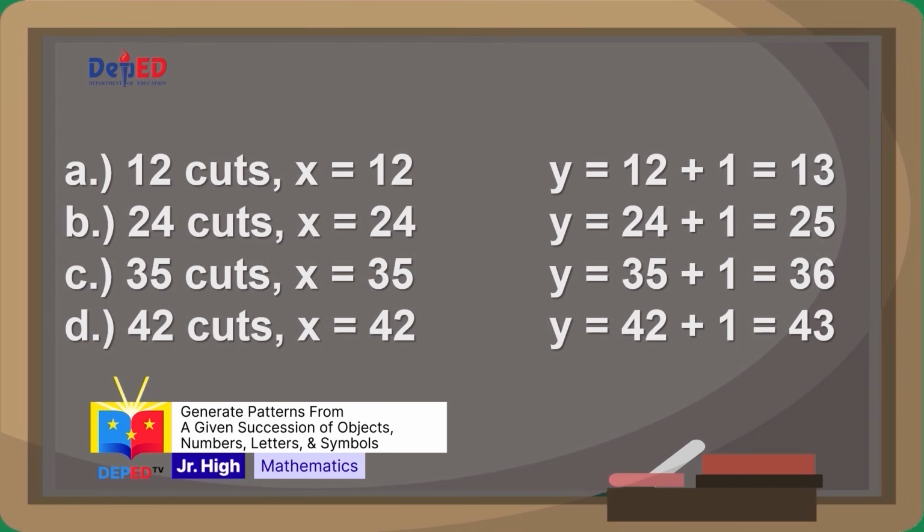For letter C, 35 cuts, x is equal to 35, and y will be equal to 35 plus 1 is equal to 36. And for letter D, 42 cuts, x will be equal to 42, y will now be equal to 42 plus 1 is equal to 43.